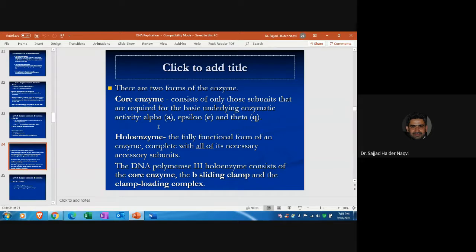So in short, we can say that holo enzyme is the complete, fully functional form of an enzyme. The core enzyme is the actual enzyme which is involved in the catalytic reaction, but the core enzyme is not capable of catalyzing the reaction unless it has got the accessories with it. So once the accessories are there, it becomes holo enzyme.